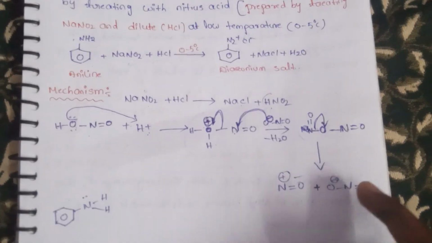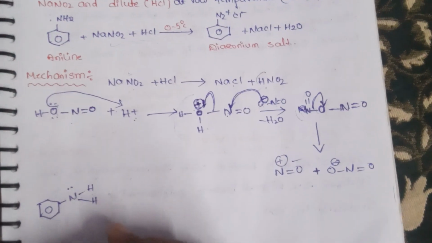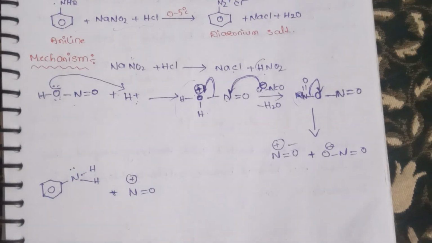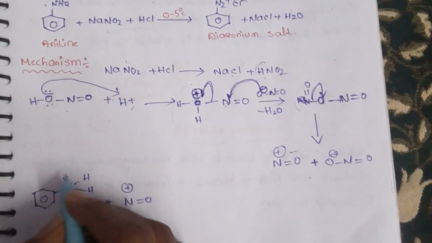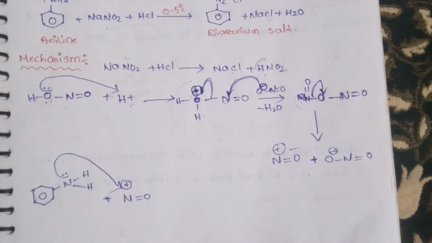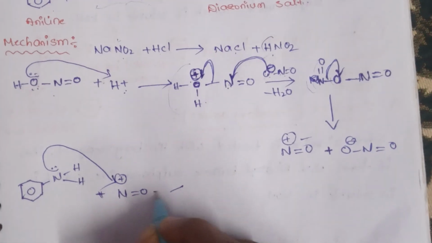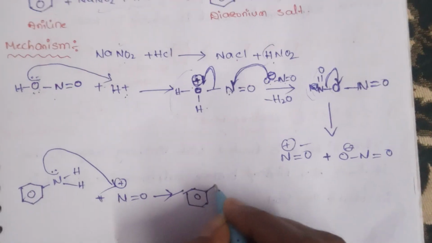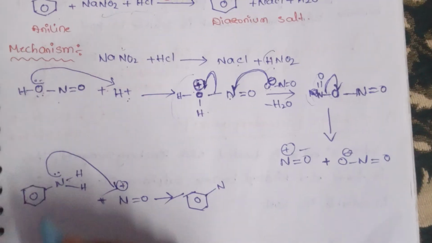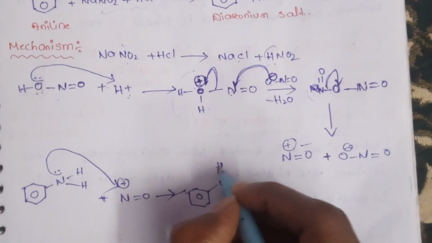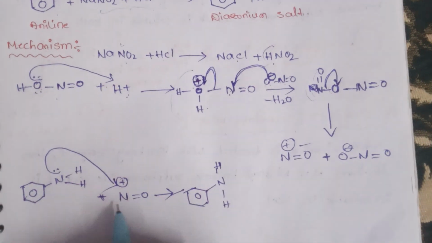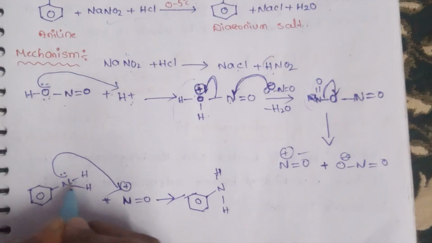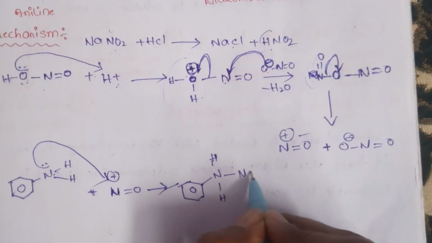This aniline reacts with this N plus O. So this lone pair reacts with this positive charge, then nitrogen is there, two hydrogens are there, and this nitrogen is bonded with this nitrogen. Now we have to write like N double bond O.